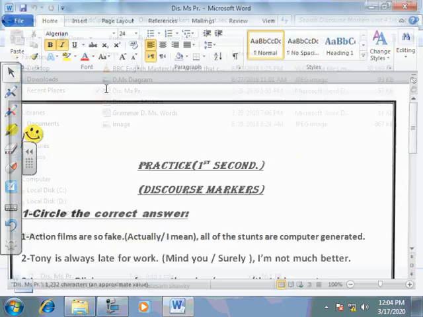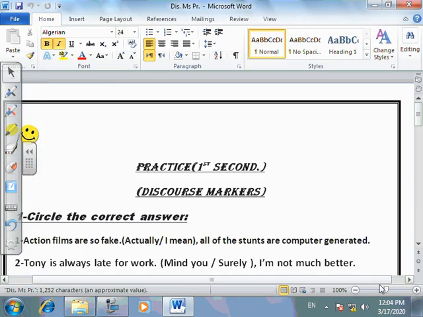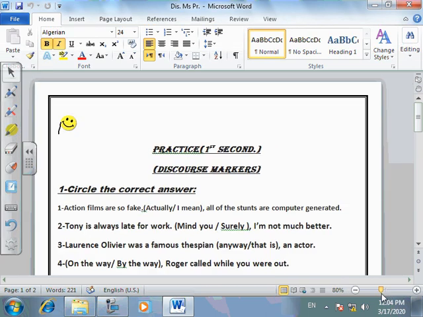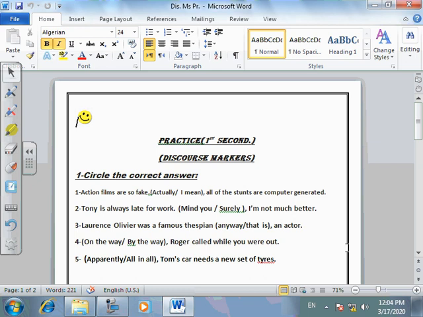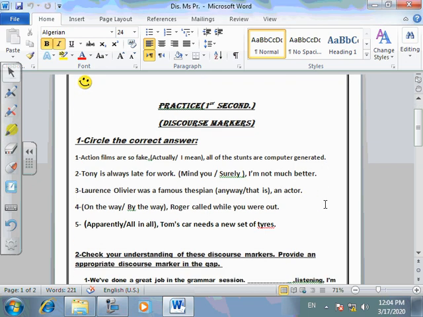I have a sheet for practice. Some of you took this sheet and we answered the sheet in the class before, but some or a lot were absent. That's why I'll show you the sheet. Circle the correct answer.